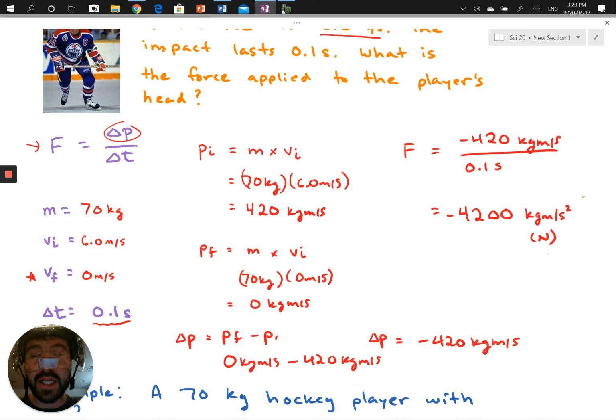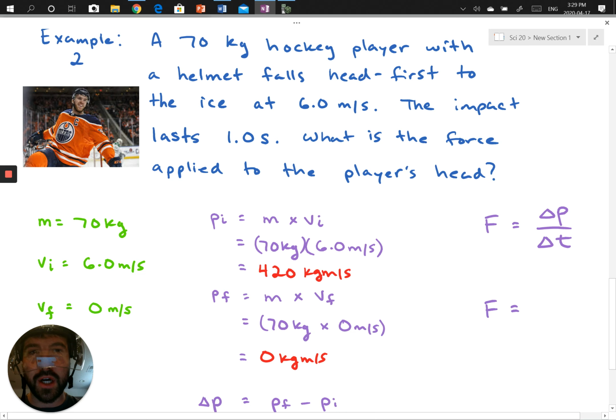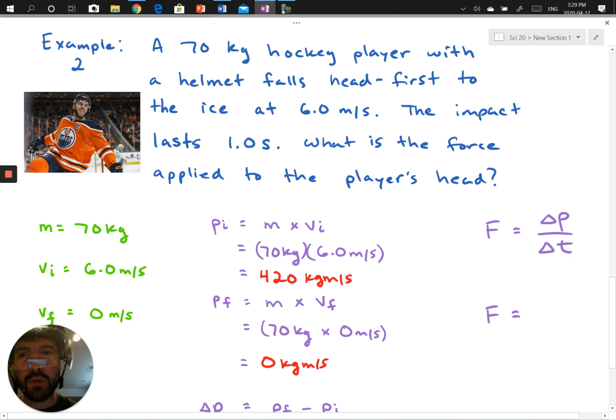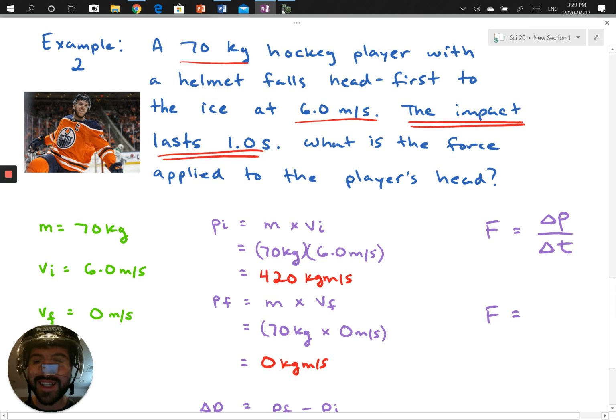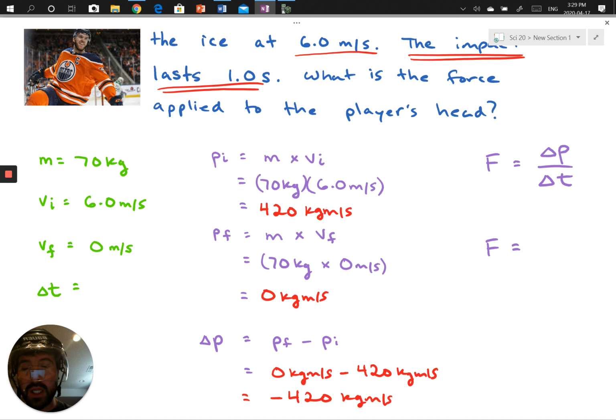Okay, now let's take a look at a player with a helmet. Oh, look, it's Connor McDavid. This is a player of the same mass, falling at the same speed, but because that player is wearing a helmet, the impact lasts longer. We are increasing the time, which means hopefully we're going to decrease the force, and mathematically we're going to take a look at how that works. The only thing different here is my time.